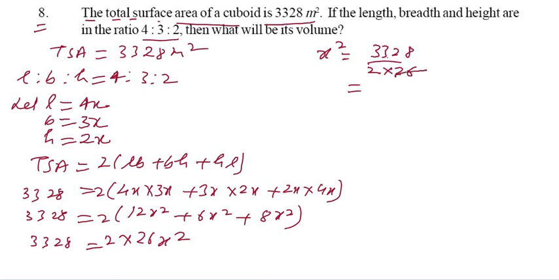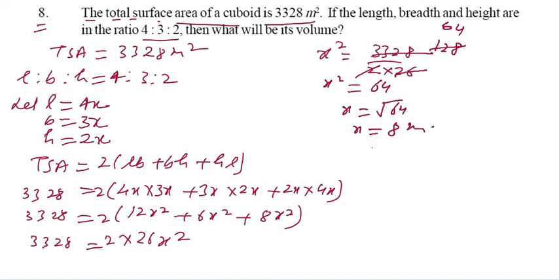It is divided by 26. It gives 128. So x square will be equal to 64. So x will be equal to under root 64. So x equal to 8 meter.